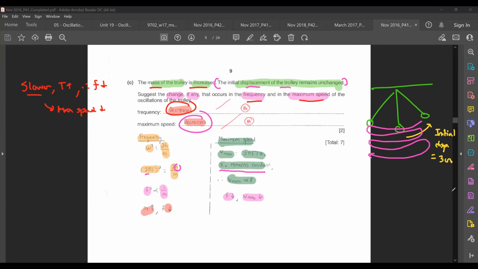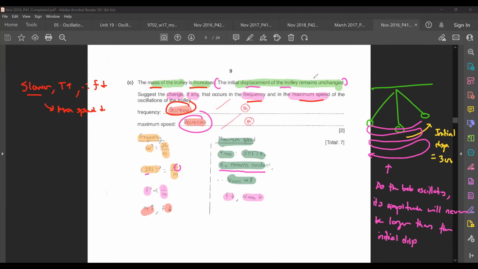So the thing now is this. As the bob oscillates, its amplitude will never be larger than the initial displacement.